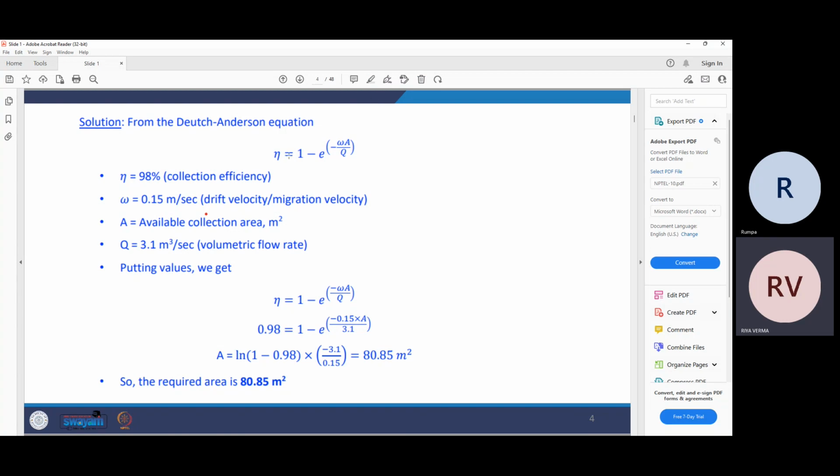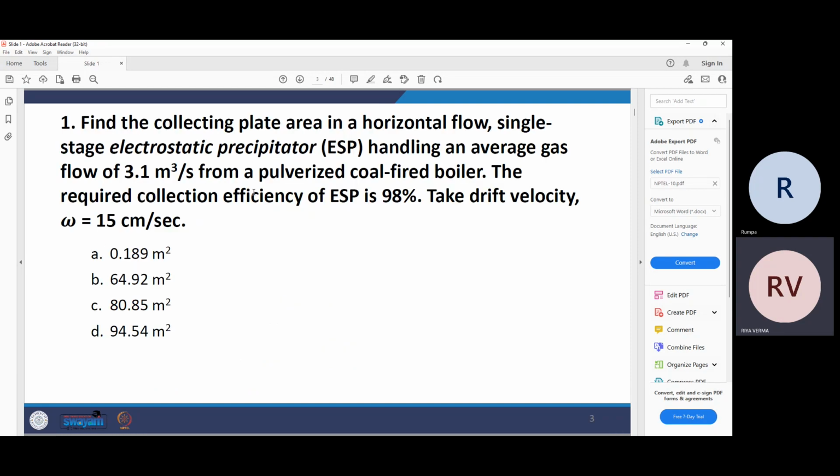Anyway, so this equation that you're seeing here, this efficiency equation, is eta equals 1 minus e raised to the power minus A omega by Q. In this equation, what is given in the question? They have given us the efficiency, that is 98%.